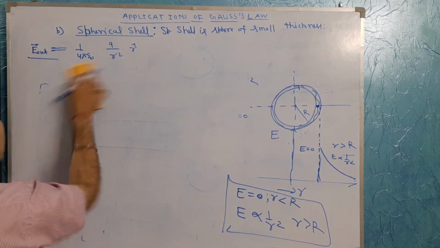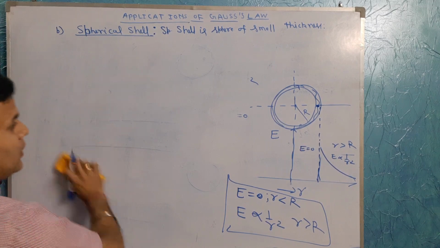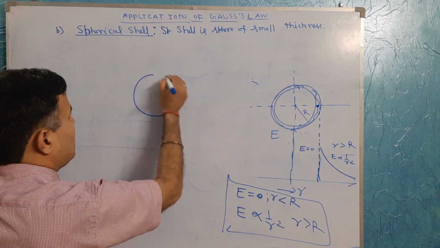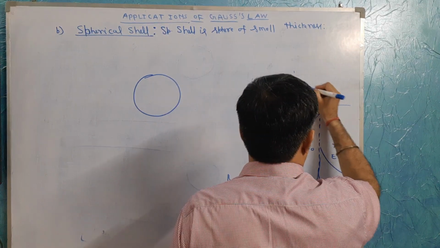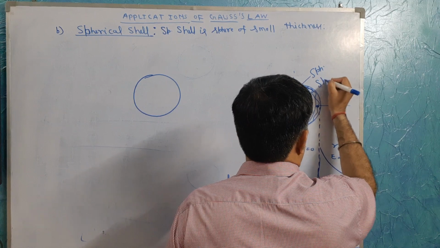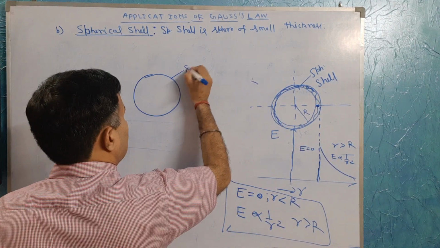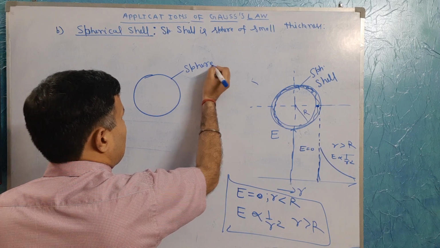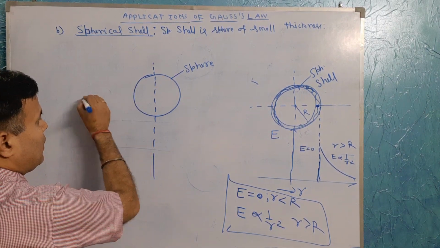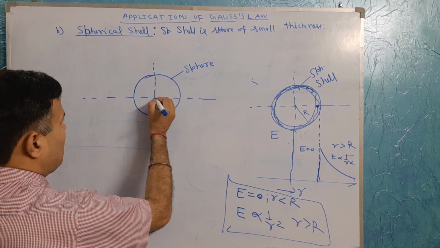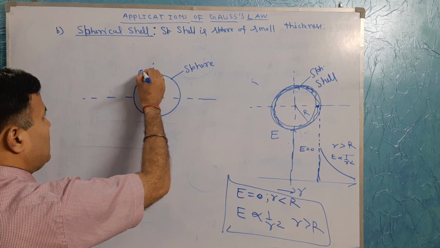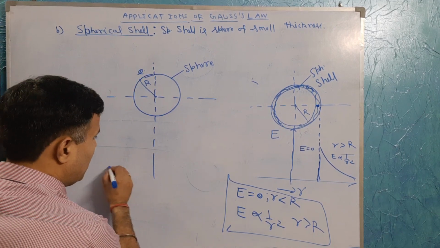So let me write this one also. If you have a uniformly charged, so this is a spherical cell, and this is simply a sphere, of radius R and charge Q. And what is the profile?